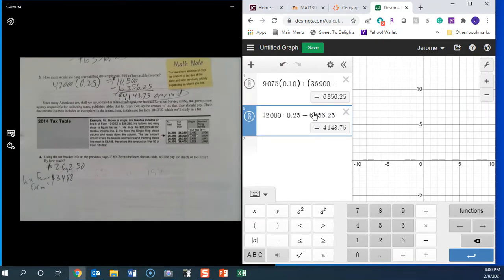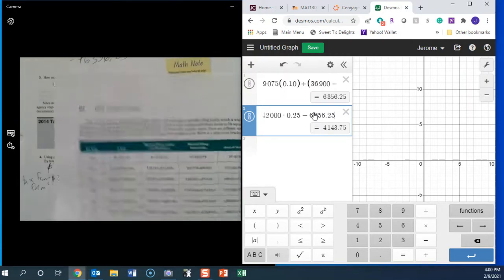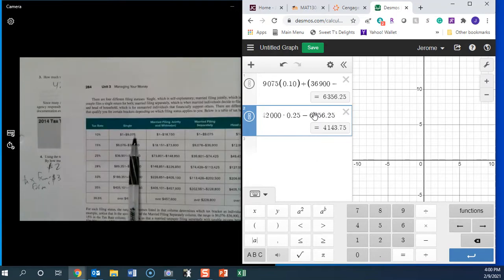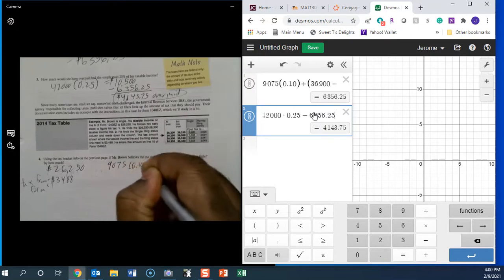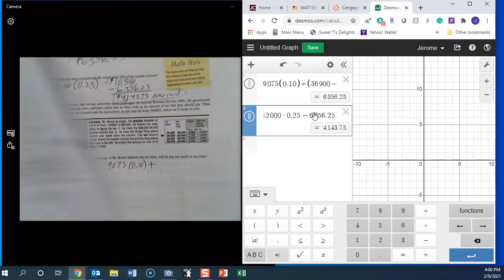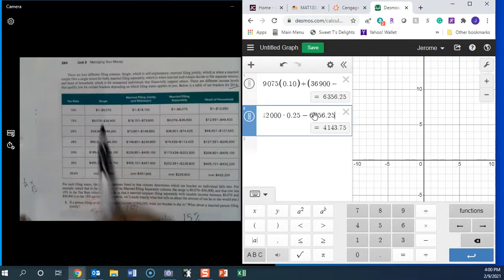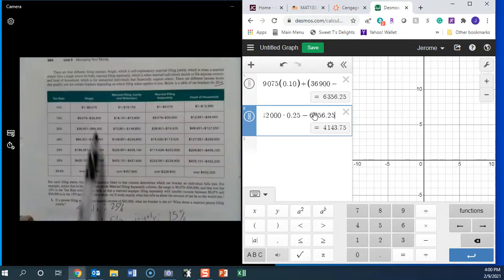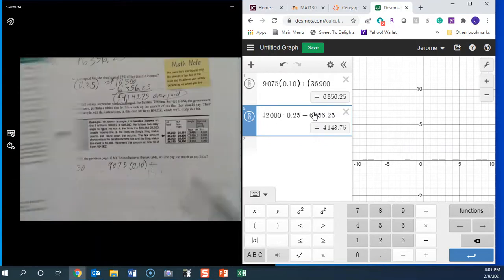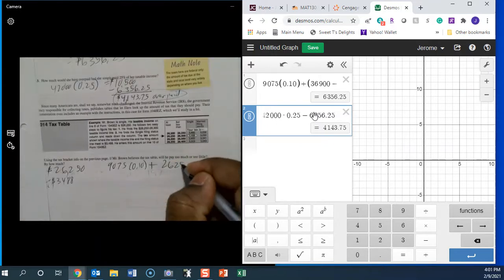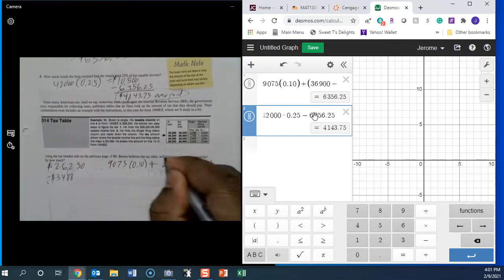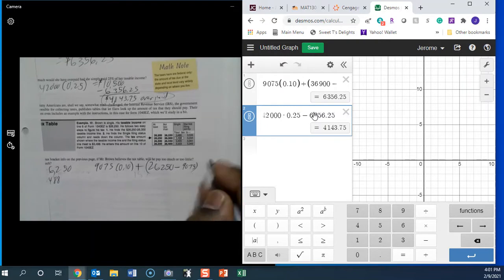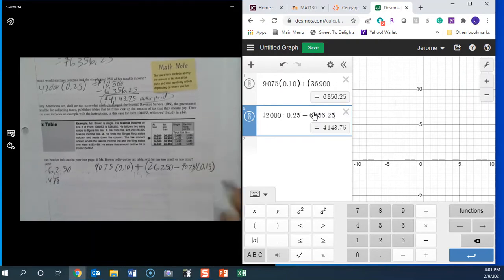So if we go back to this table, remember Mr. Brown is single, the first 9,075 is multiplied by 10%. Now if we look at this second tax bracket, the 26,250 fits in this second tax bracket. So we would take the 26,250 minus the 9,075, because remember we've already taxed that, and then multiply that by the 15%.